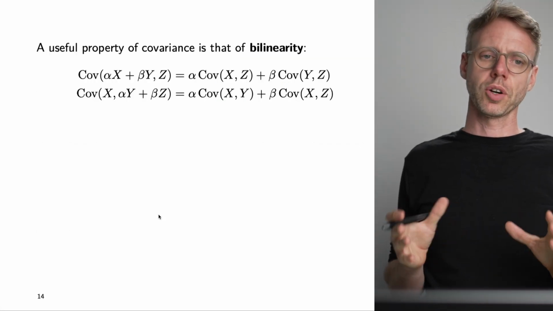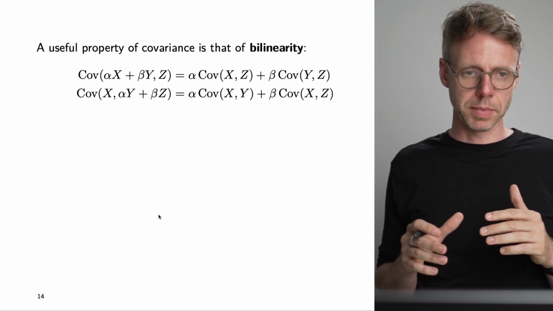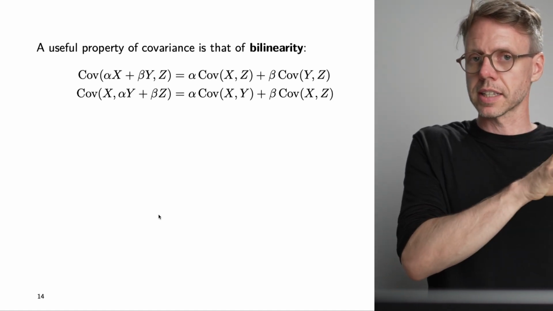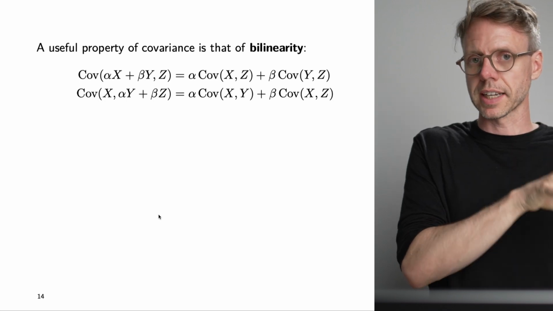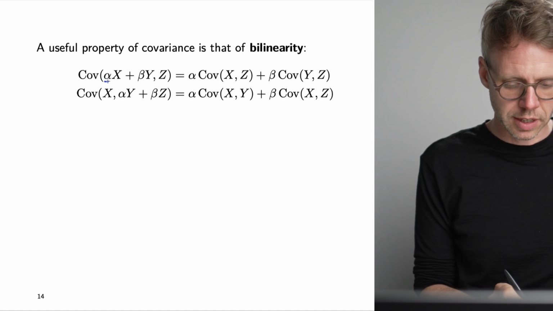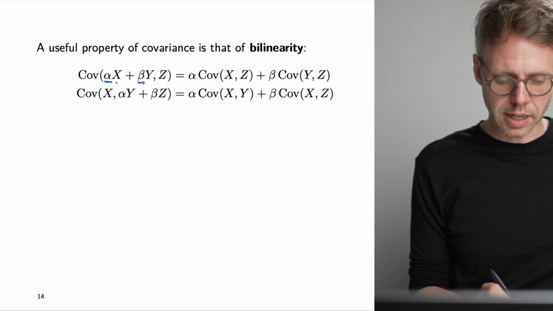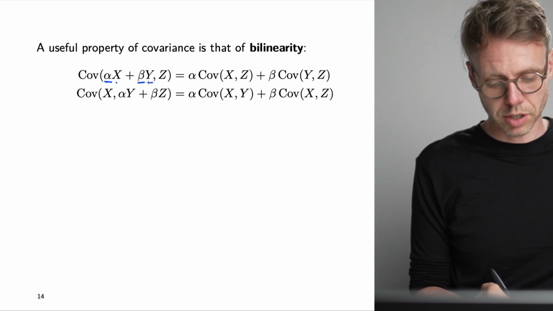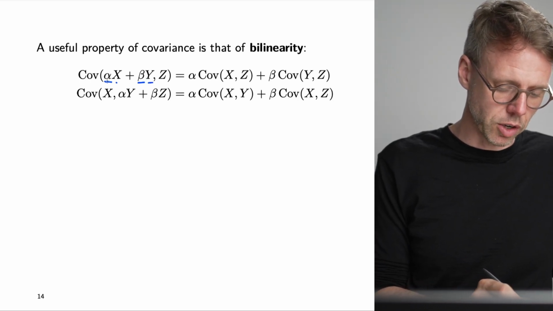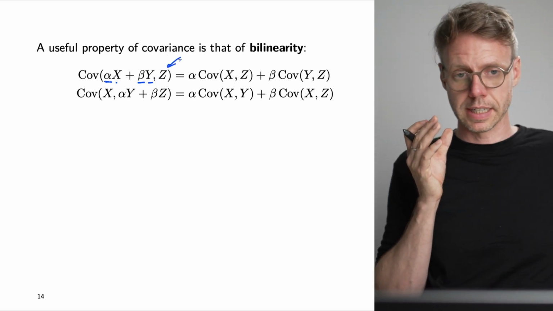A useful property of the covariance is bilinearity. What does this mean? Well, if we take the covariance of the weighted sum of two random variables x and y with a third random variable z, so covariance of alpha, the weight applied to x, plus beta, another weight applied to the random variable y, and we're measuring the covariance of the weighted sum of x and y with a third random variable z.